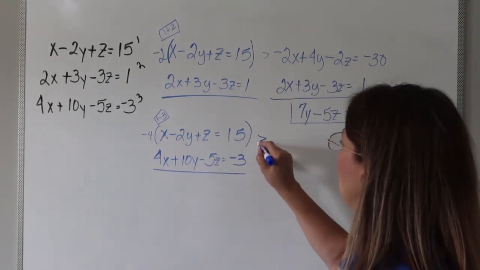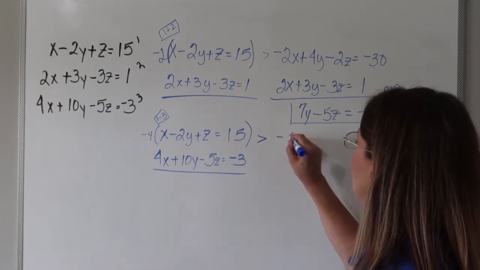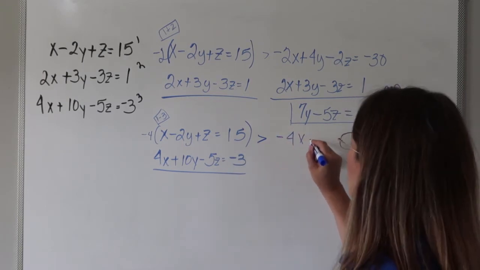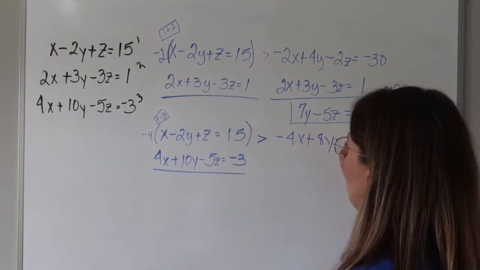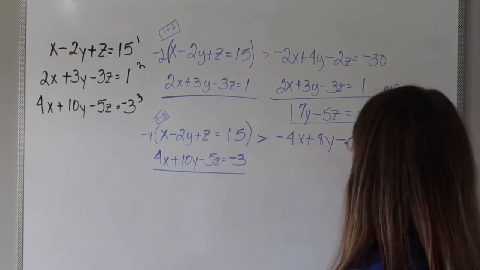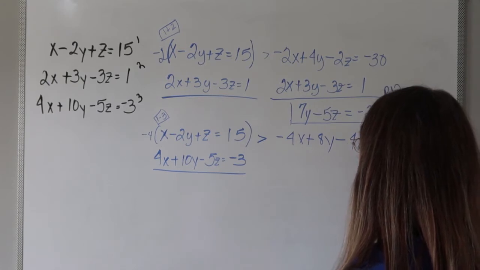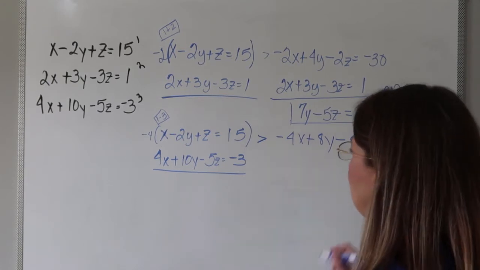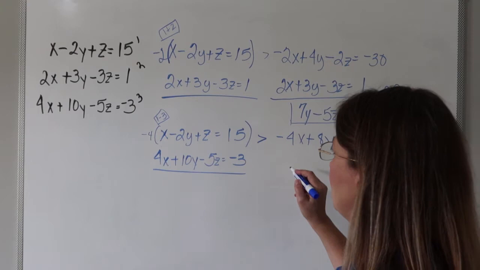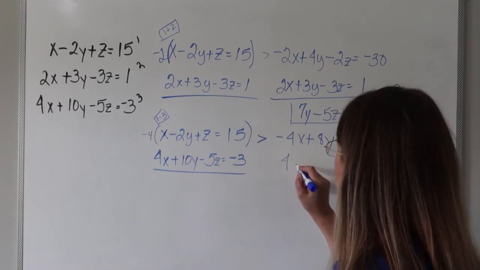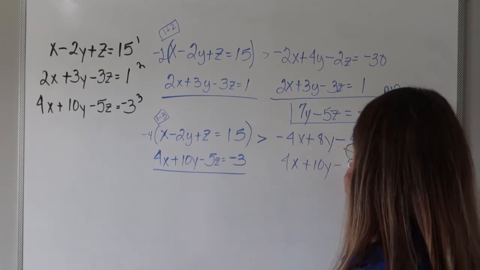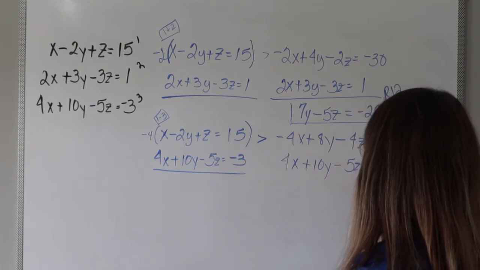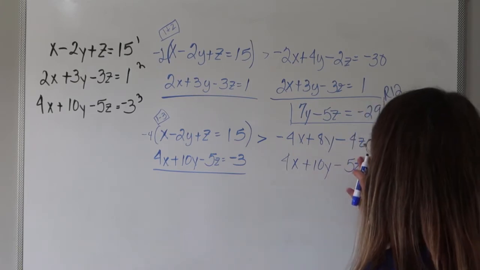So our new equation here is going to be negative 4x plus 8y minus 4z equals negative 60. This won't change. So I'm going to have 4x plus 10y minus 5z equals negative 3.